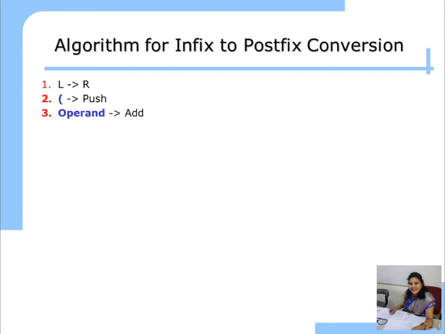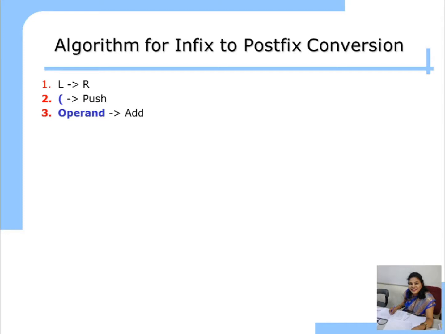We always perform push and pop operation on the stack and add operation into the postfix string, which is our output string, because we are converting infix to postfix. So infix is the input string, postfix is the output string, whereas push and pop is performed on the stack.